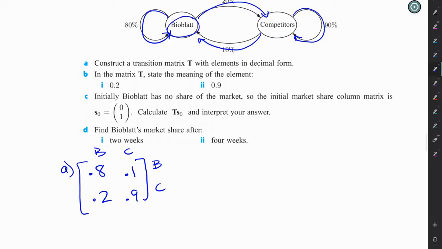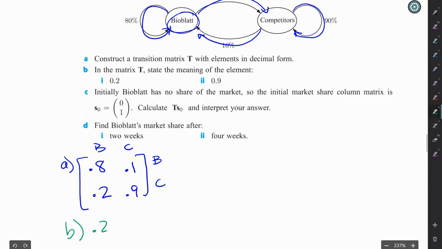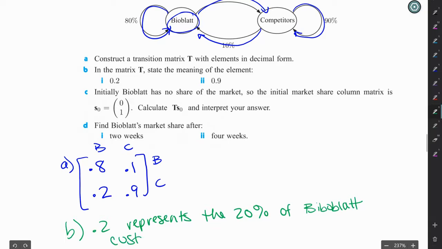In the matrix T, state the meaning of the element. So 0.2 represents the 20% of Bibelblatt customers who switch to the competitor.